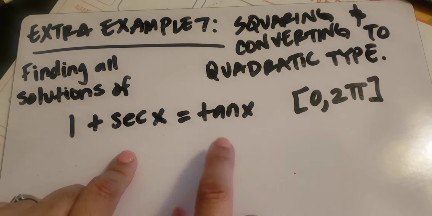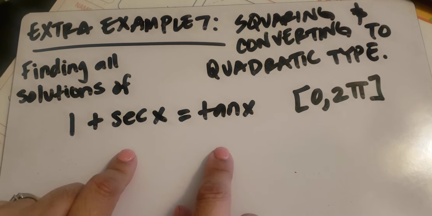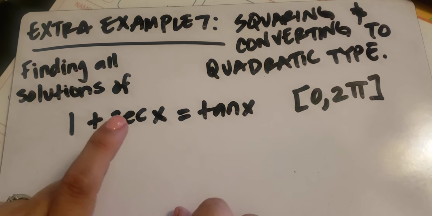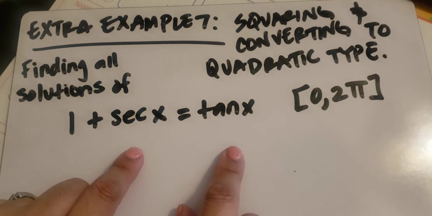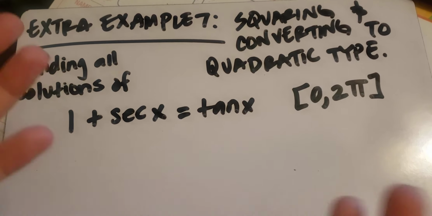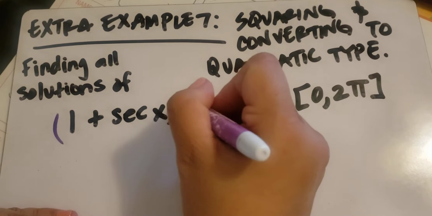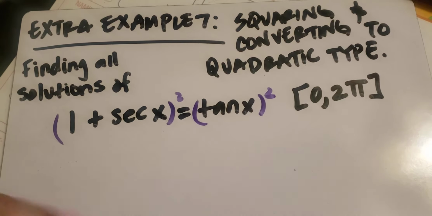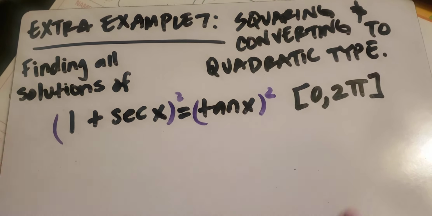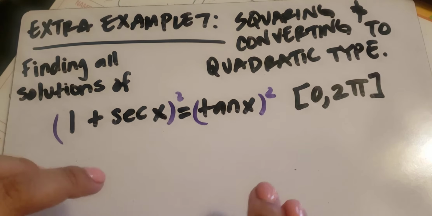Tangent is sine over cosine, and secant just doesn't have any direct correlation this way. But the moment I square both sides, then we're going to start to see some correlations, okay?